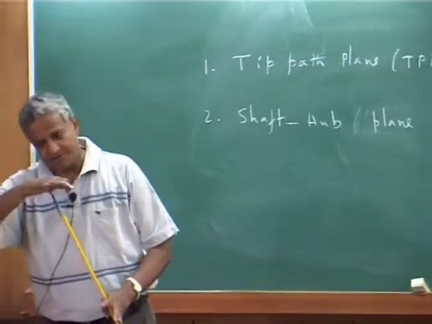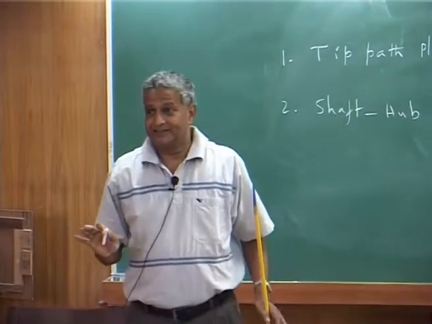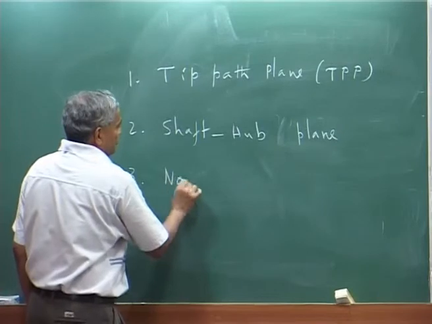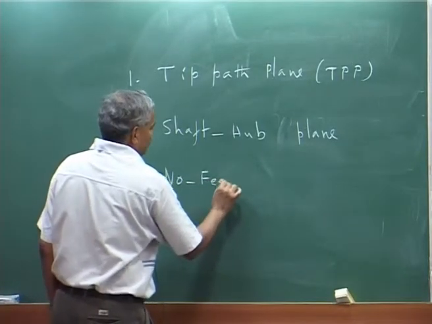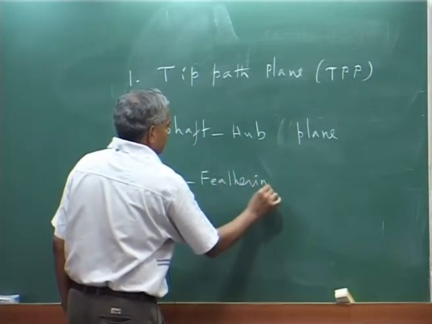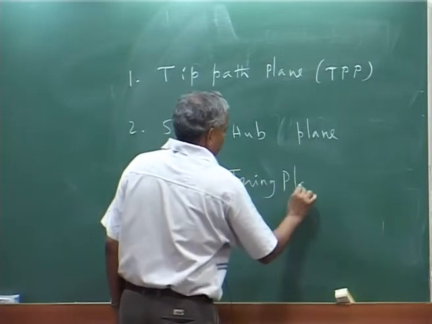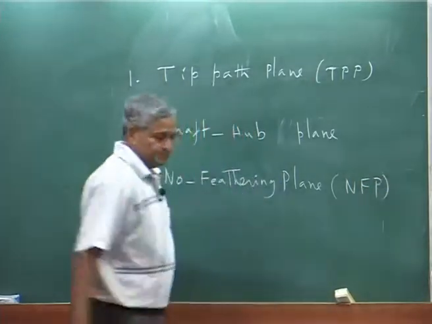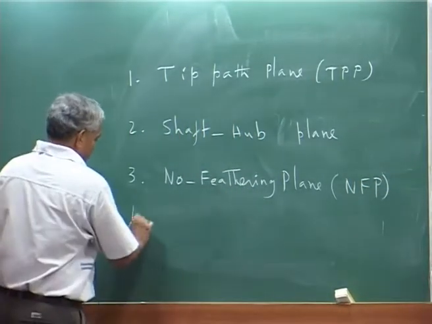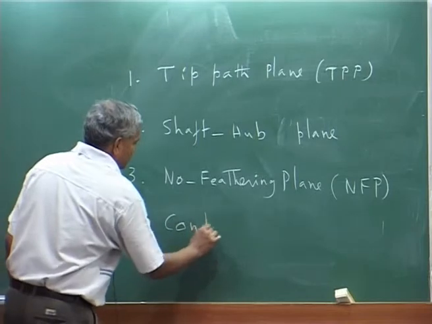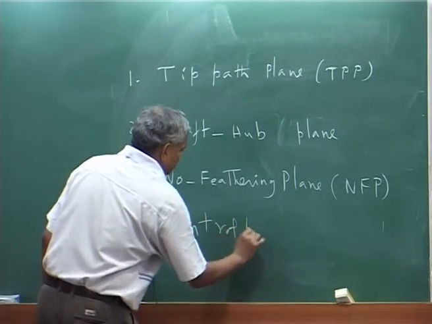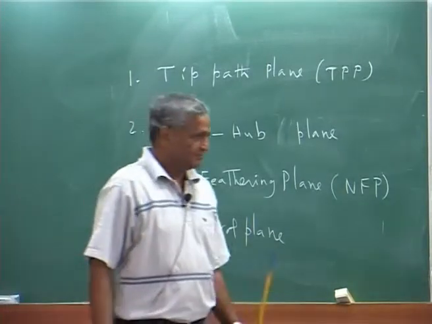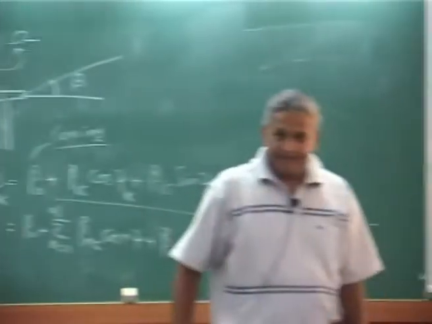So if the helicopter tilts, the shaft also tilts. Then you also define the no feathering plane, this is NFP. Then you can have one more plane which is the control plane. Now what is the control?